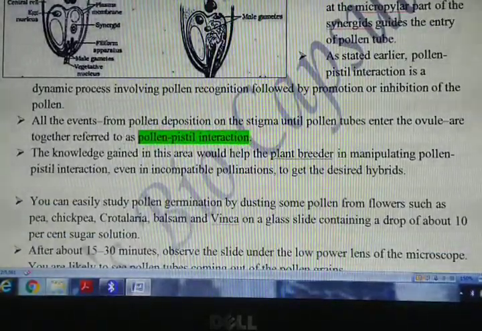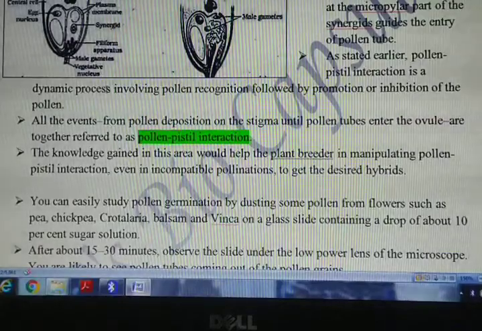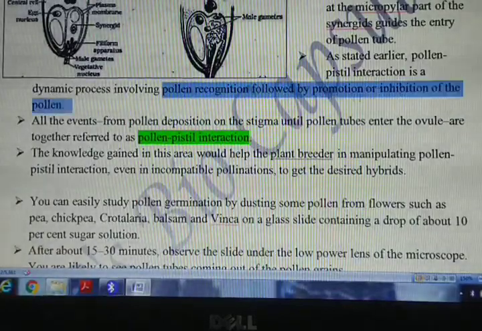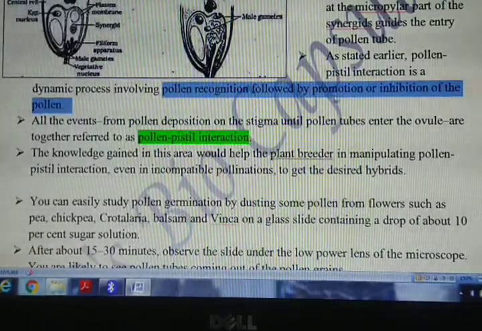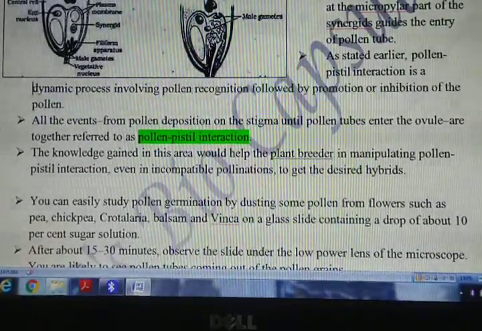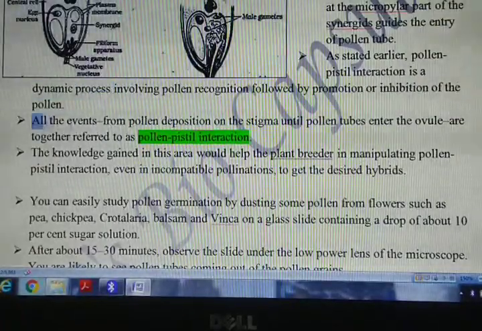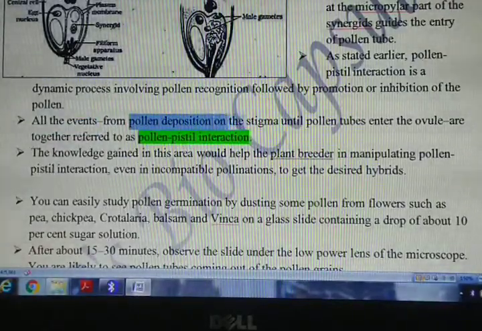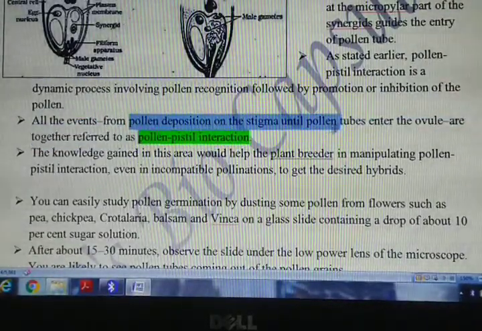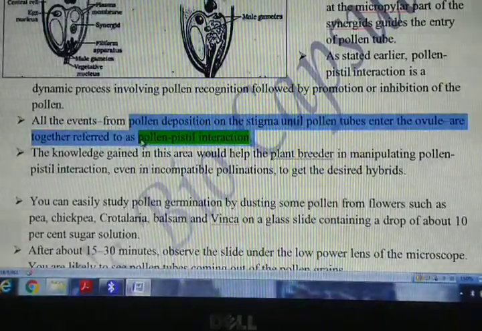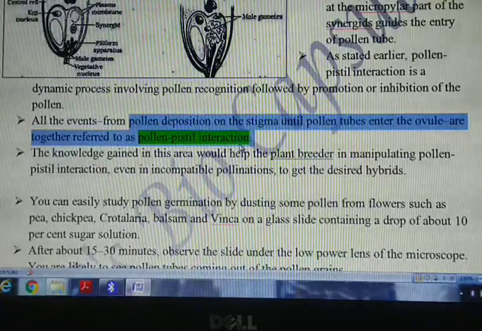Now, as we have earlier discussed, the process of recognition followed by promotion or inhibition, that is acceptance or rejection, all of this, the interaction between pistil and pollen, is a dynamic process. All the events from pollen deposition on the stigma until pollen germination and pollen tube elongation towards the ovary are referred to as pollen-pistil interaction.